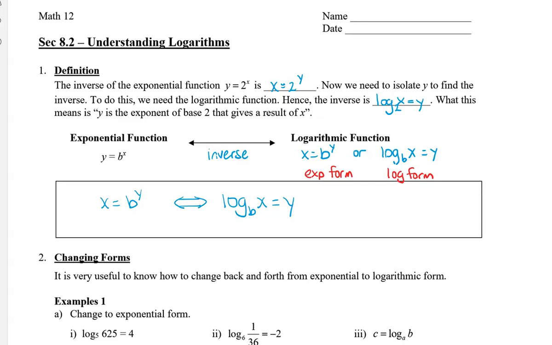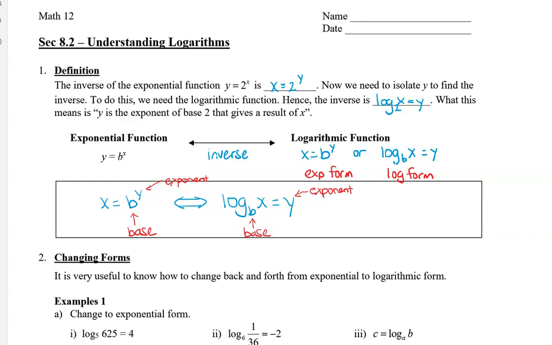We can call it a subscript. Notice that this is our base in log form. And the exponent is where we typically think the exponent is in exponential form. But in log form, notice that the exponent is actually the answer.